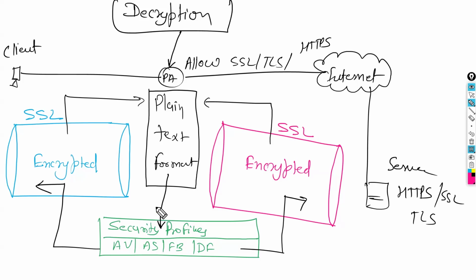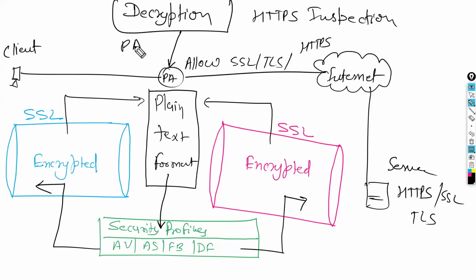So this is our decryption, and using it we can configure the firewall in such a way that if any attack is going on under the SSL tunnel, we can convert encrypted data into plain text, and plain text data will be offered to the security profile. If there is a virus, spyware, or file or any confidential information, we can block that. So this decryption is also called HTTPS inspection.